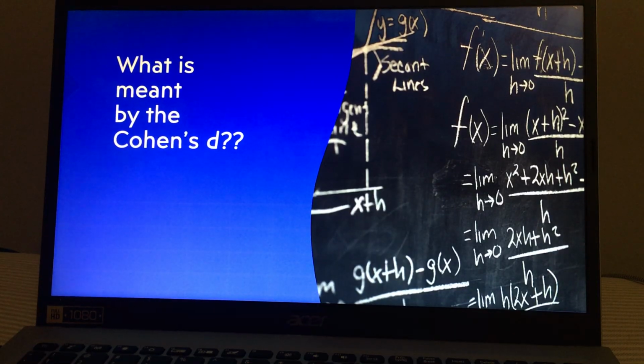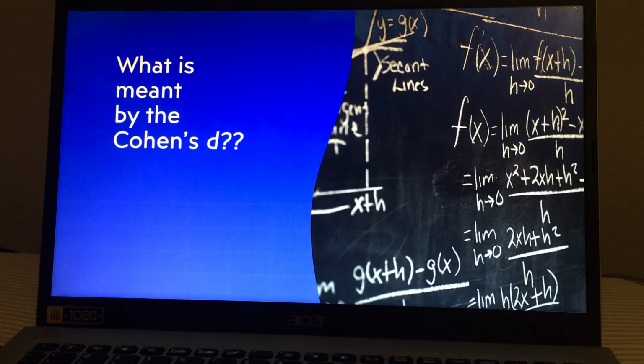In that context, a natural way of defining the effect size is to divide the difference between the means by an estimate of the standard deviation. So Cohen's little d is mean 1 minus mean 2 divided by standard deviation. The equation is also referenced on page 20.